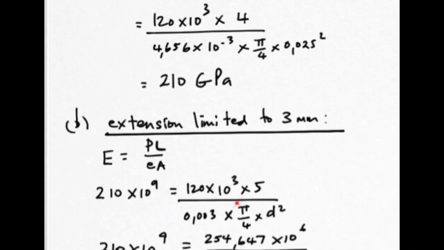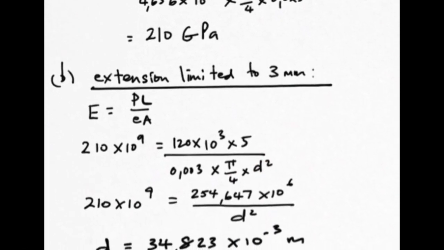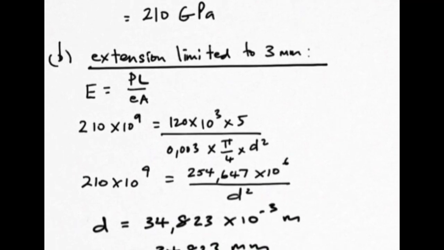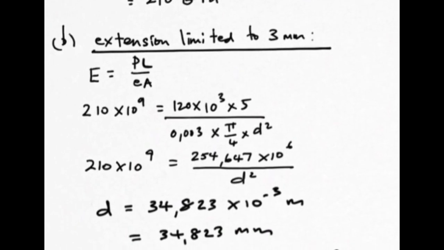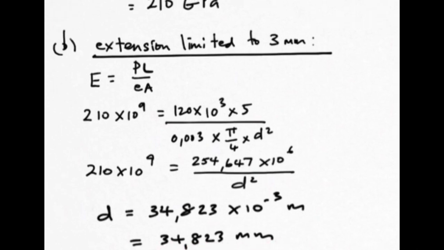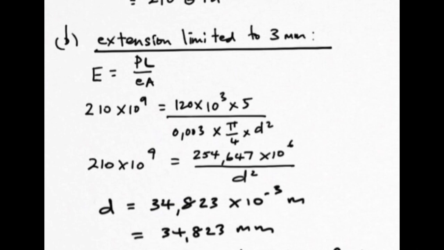And the area is what we are looking for, or rather the diameter is what we're looking for. So pi over 4 with d being the unknown. Okay, so we're going to solve for d, the diameter, and we find that 34,823 millimeters is the diameter that we require so that the extension is 3 millimeters. So that's the one half of the design complete.